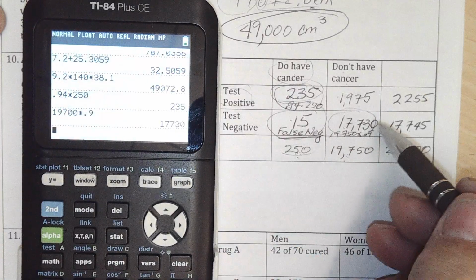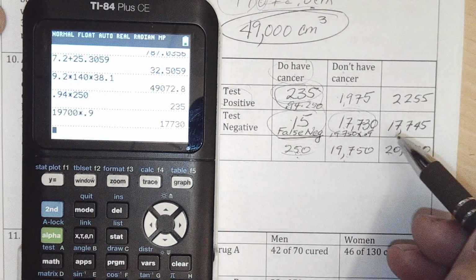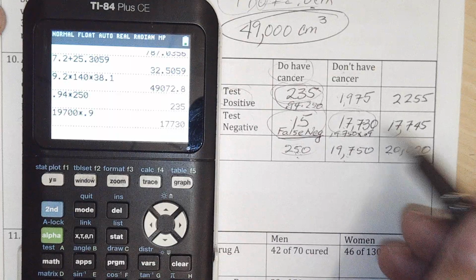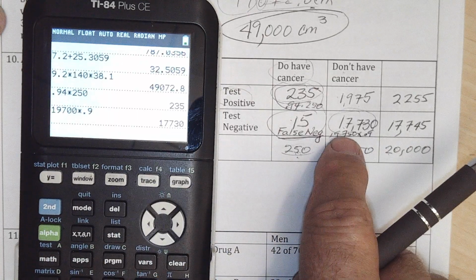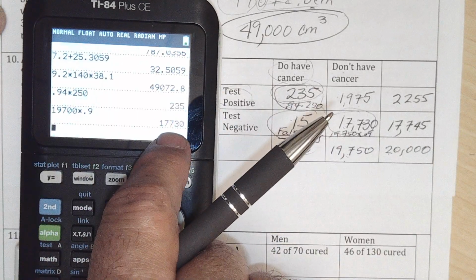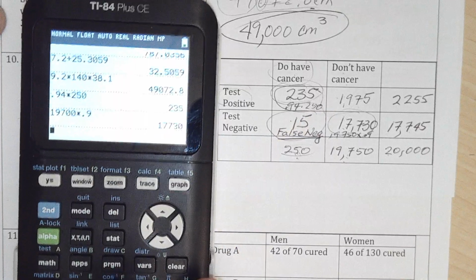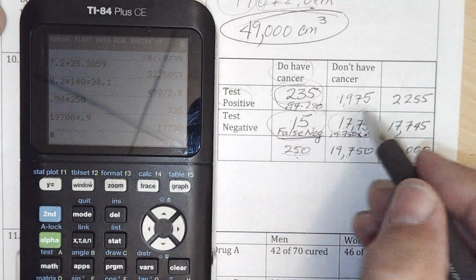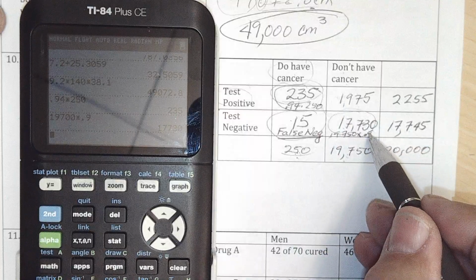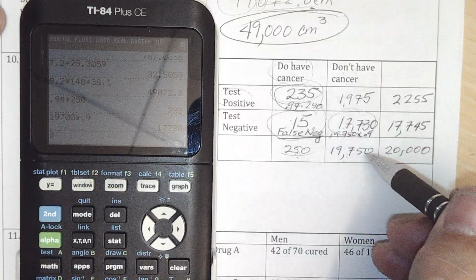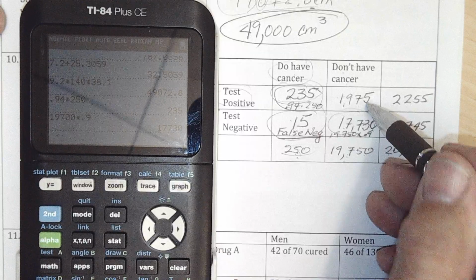Oh, I know what I did wrong. I think. Let's see here. 19 times that is 1730. And I didn't do my subtraction right here. 90% goes here. 10% of this should have been this.